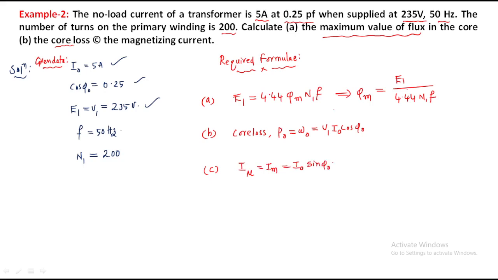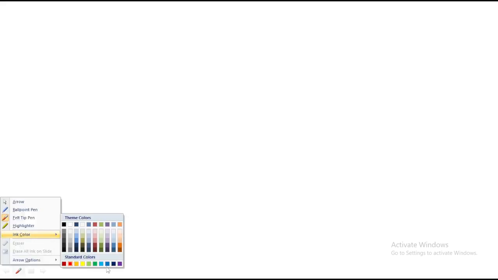So these are the required data we have to calculate from the given data. First we have to calculate phi m. First read the question, identify the given data and the required data. To get the required data, first recollect the required formulas to get the correct answer. This is the systematic way of approach for calculation of a problem.